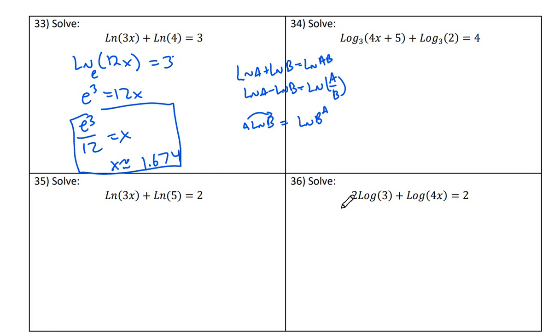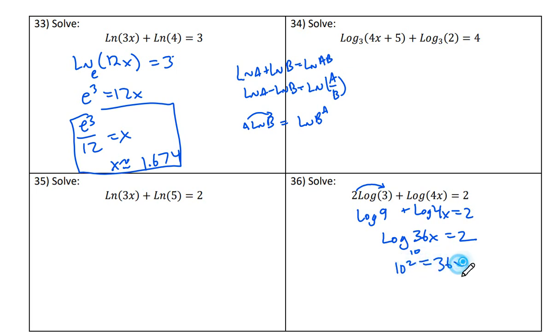Alright, I will do number 36. This 2 can come in as an exponent, thus giving me log of 9. This is again a product rule, so bring it together and I get log 36x equals 2. Now, the base isn't written, so it's 10. So 10 squared equals 36x.